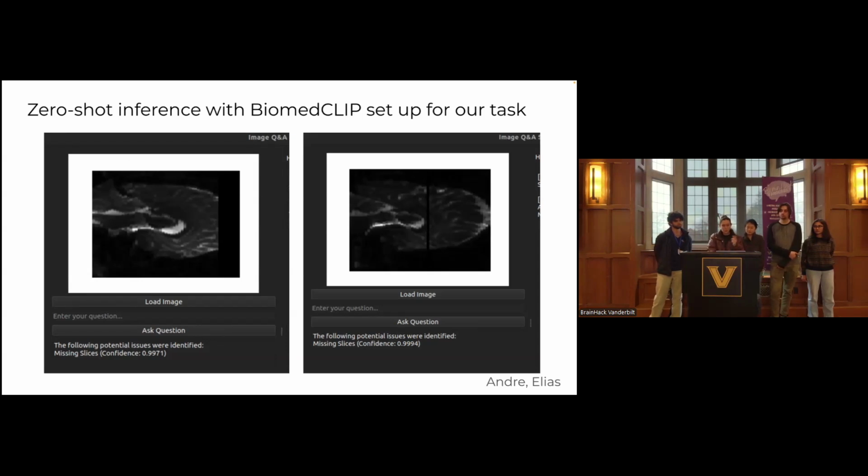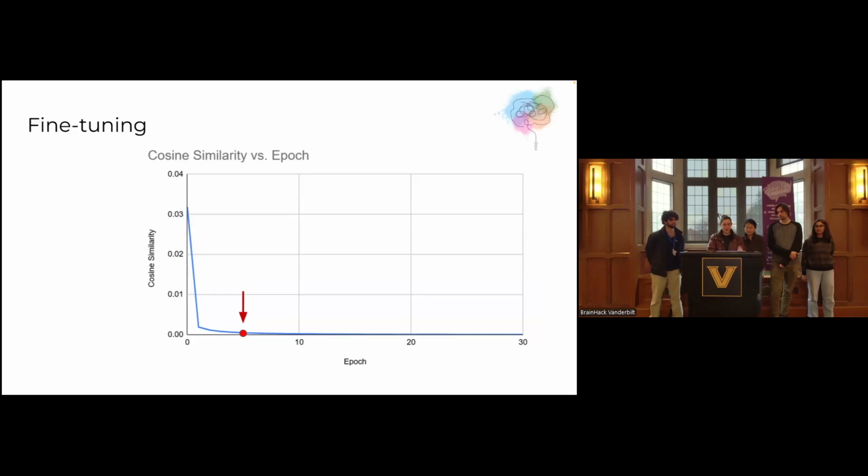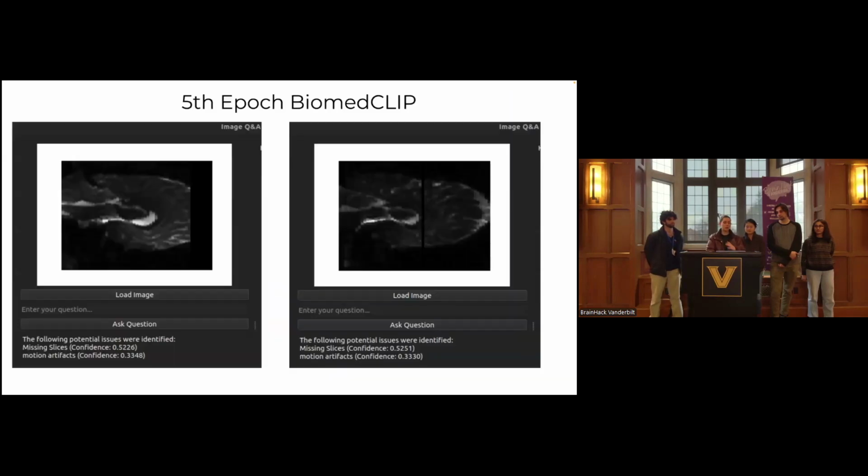At first, it's saying that both of these are 100% missing slices. And while that's true for the second one, we quickly realized that it's just saying that for all of the examples.